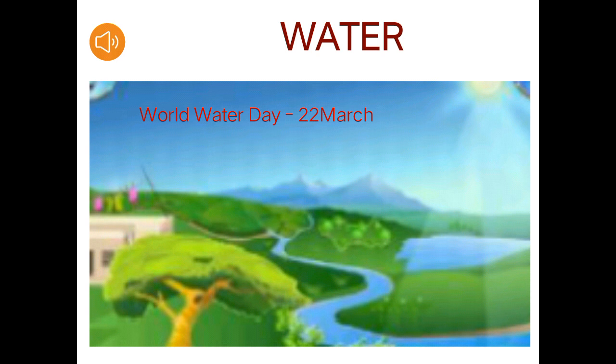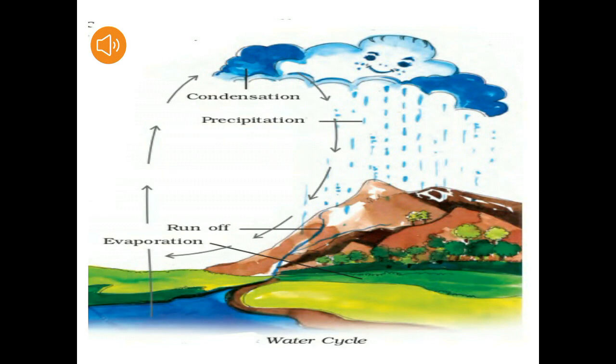What is this water cycle? Let's understand it with the help of a diagram. When the sun heats the water of oceans, seas, rivers, etc., the water changes into water vapor, and this water vapor goes up in the sky.